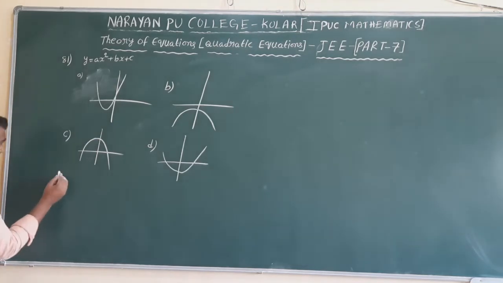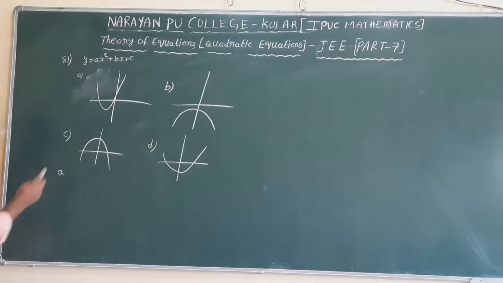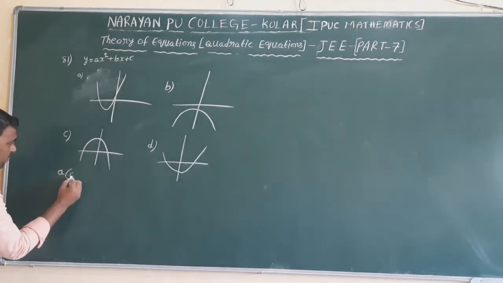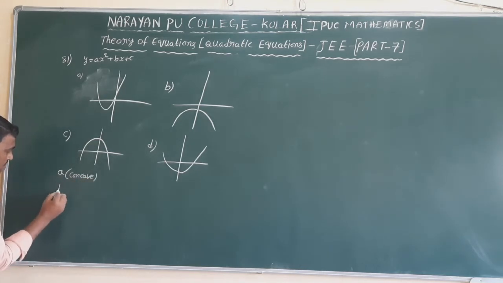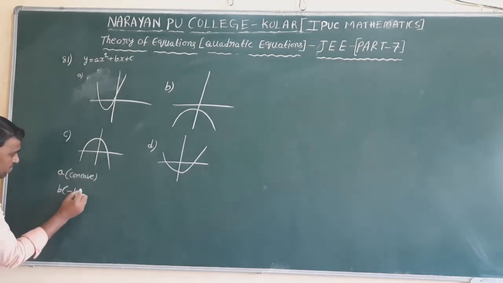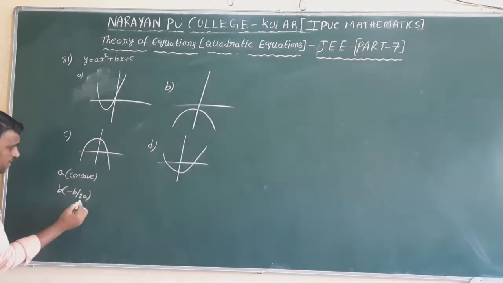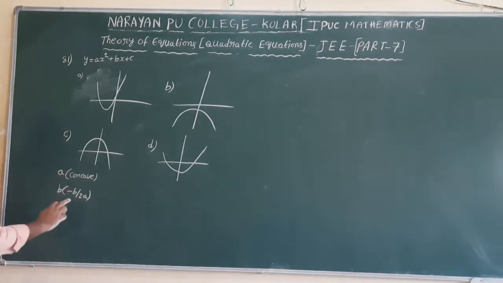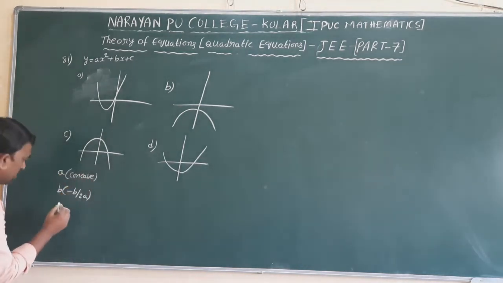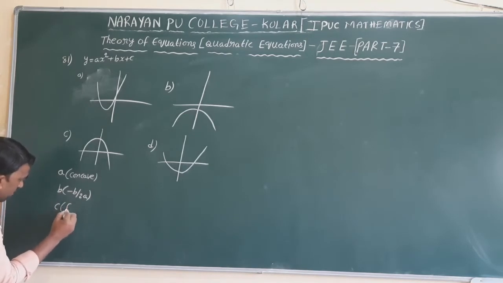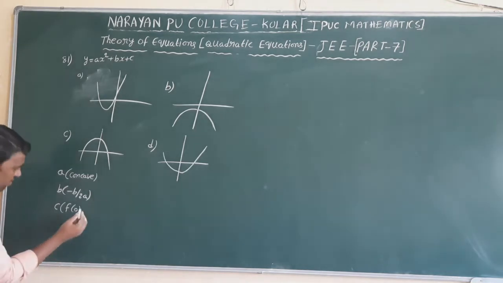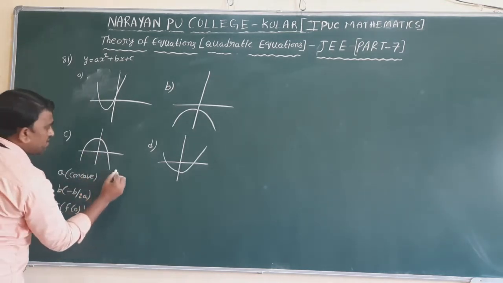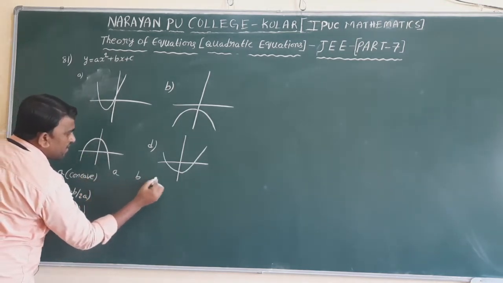For that, A, you can take the concavity, meaning the shape of the graph. B is related to minus b by 2a. So whenever the discriminant is 0, real roots will be minus b by 2a. C is f of 0, meaning whenever x value is 0, how we get the graph. Based on that, we will verify the options.